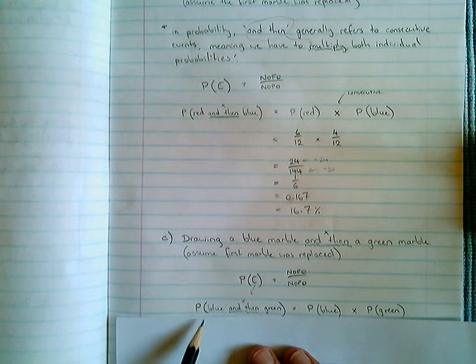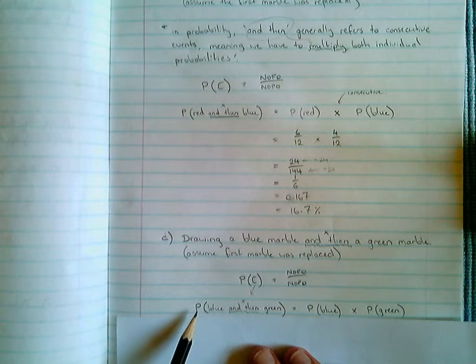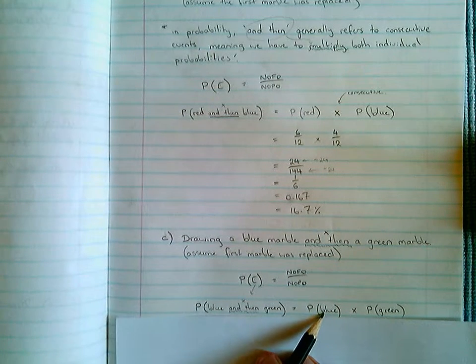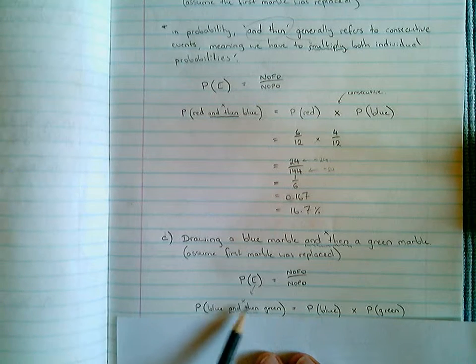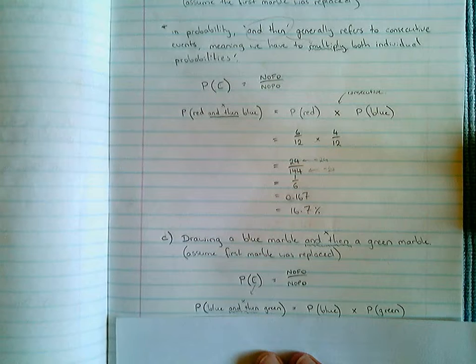In order to satisfy this, the first thing I need to draw is a blue. So we're going to calculate the probability of drawing a blue, firstly. And then, I now need to multiply, and I'm going to multiply by the probability of drawing a green.